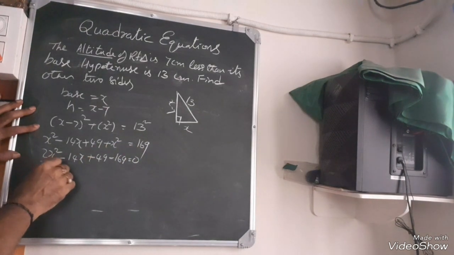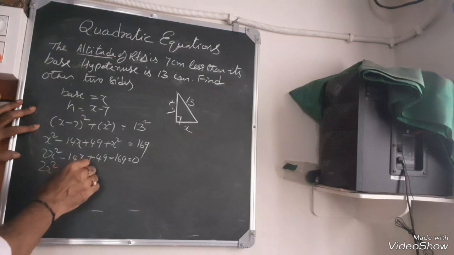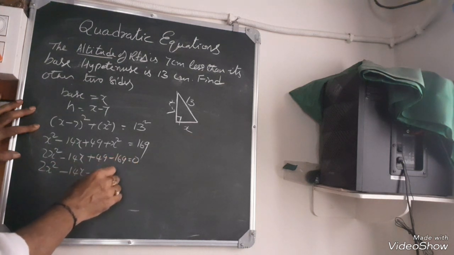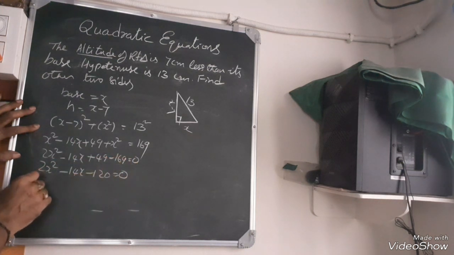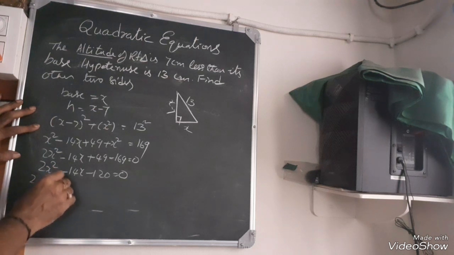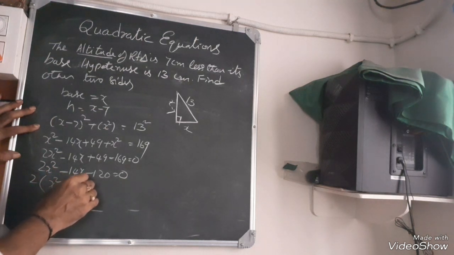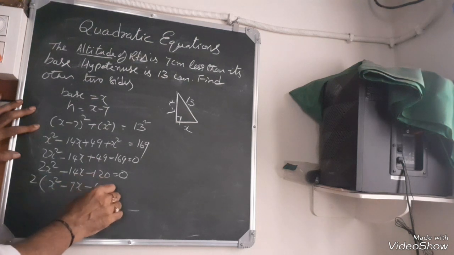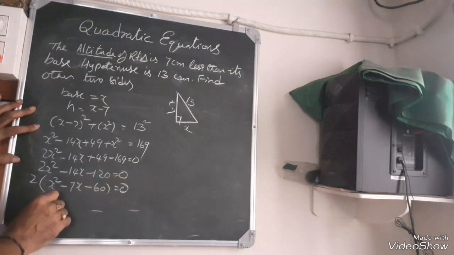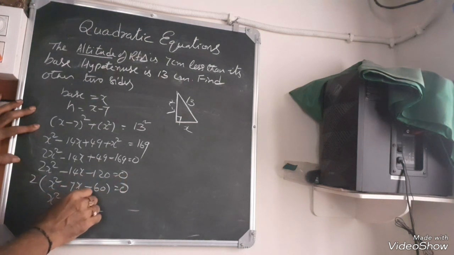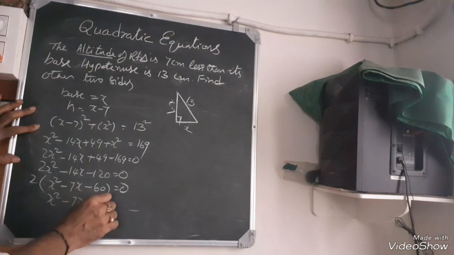Then 2x square minus 14x minus 120 equal to 0. If you take 2 as common, we get x square minus 7x minus 60 equal to 0. So what is the equation? x square minus 7x minus 60 equal to 0.